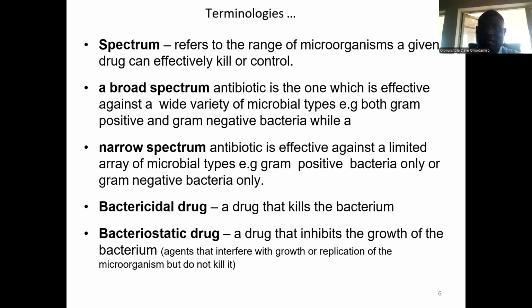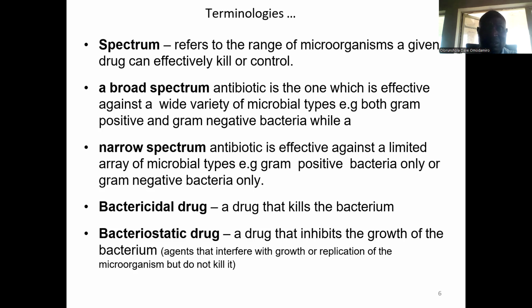Any antibiotic that is effective against a wide range of microbial types, e.g. both gram-positive and gram-negative, is regarded as a broad-spectrum antibiotic, while a narrow-spectrum antibiotic is effective against a limited array of microbial types, e.g. gram-positive bacteria only or gram-negative bacteria only.